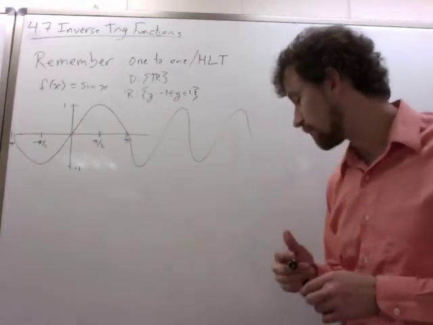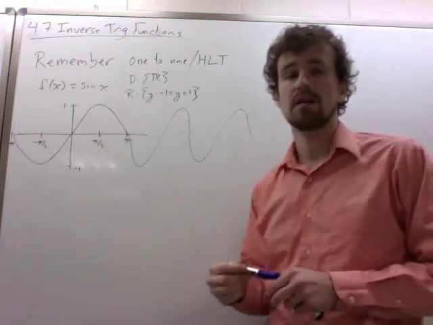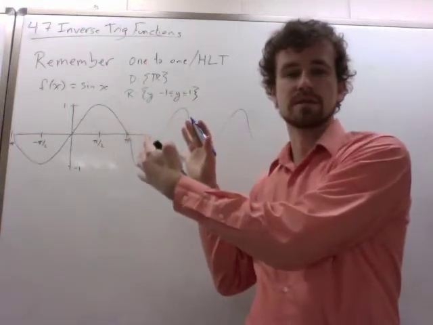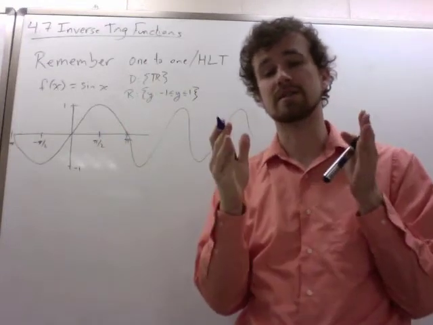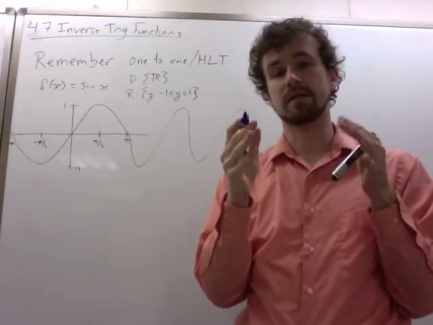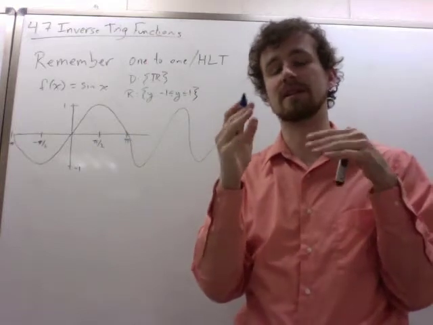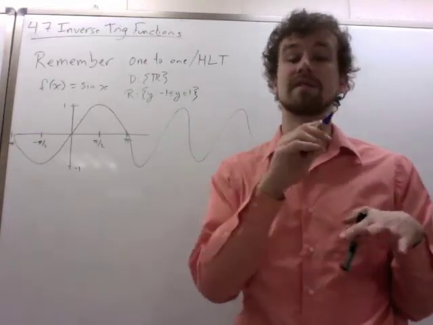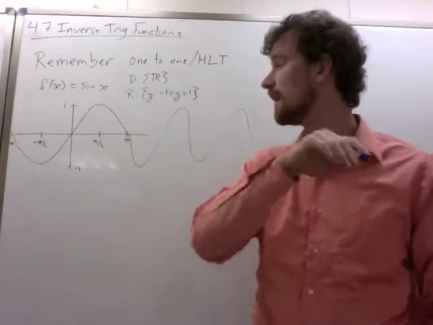But if we restrict our domain such that we can take a piece of the sine graph so that it does pass the horizontal line test, then we can take an inverse. Just like we could take an inverse of half a parabola, but not the full parabola.